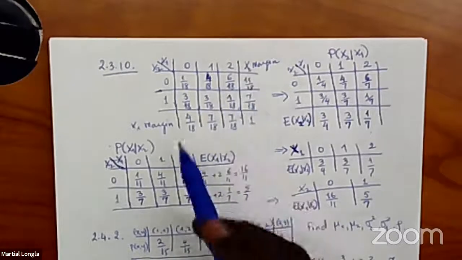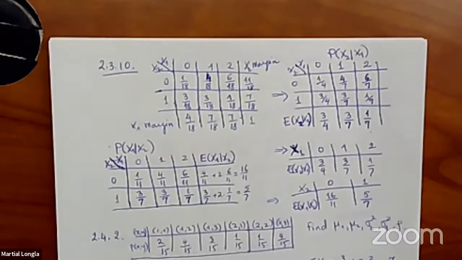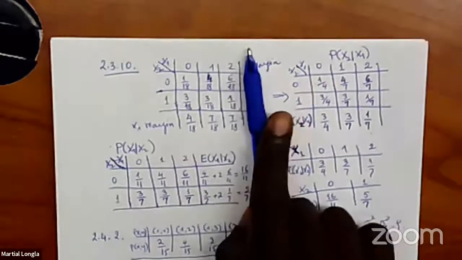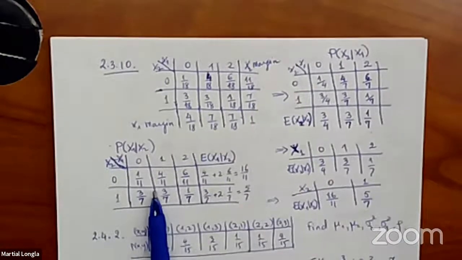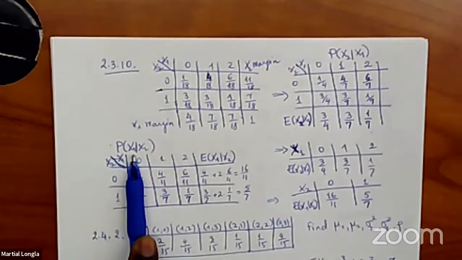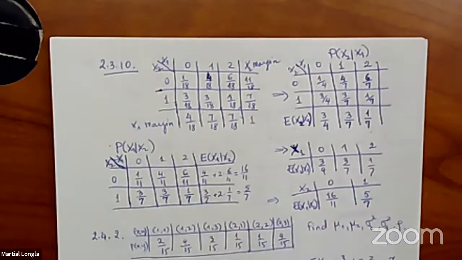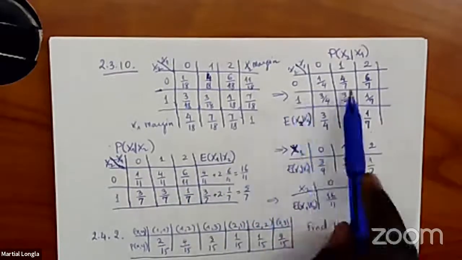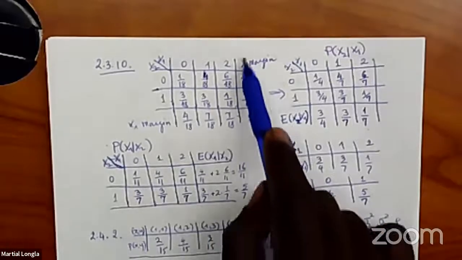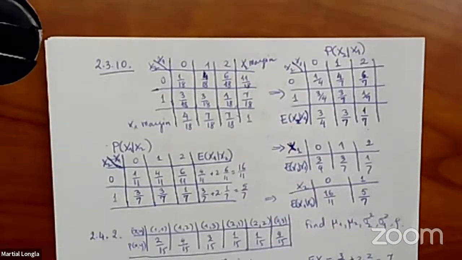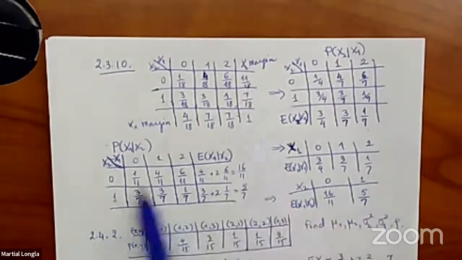That's the marginal distribution of x2. This row has nothing to do with the work that is happening here. It has to do with what is happening here. Now you have to find the distribution of x1 given x2 here to find the expected value of x1 given x2. And you do the same work that we just did here. Now dividing by this column. When you divide everything by this column, you get this.